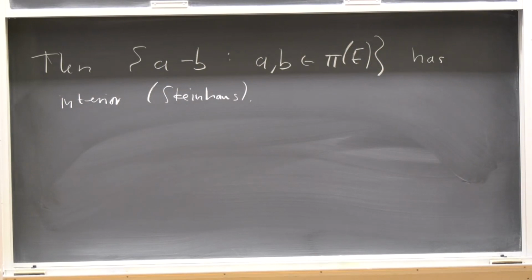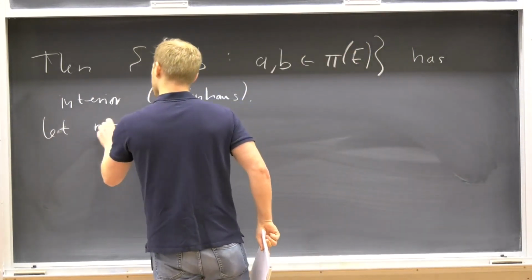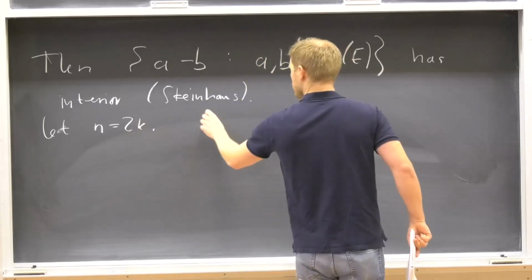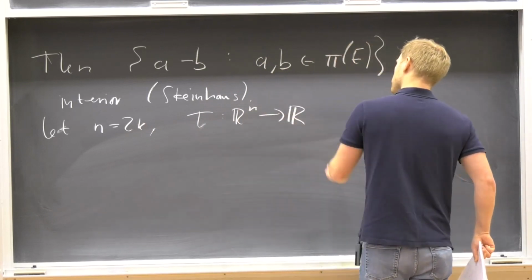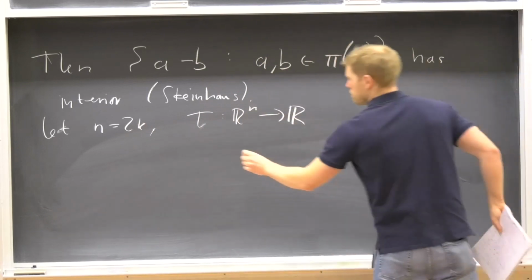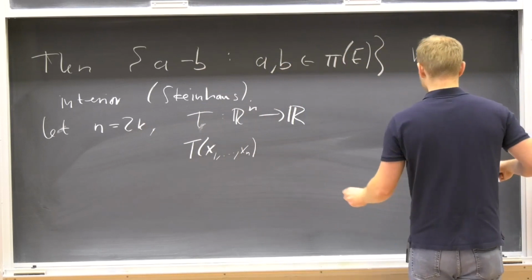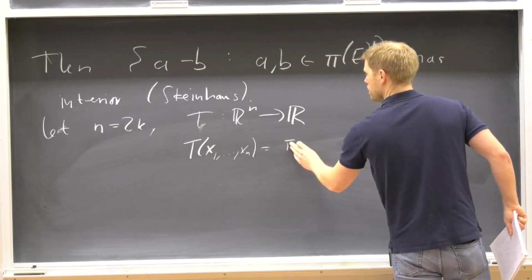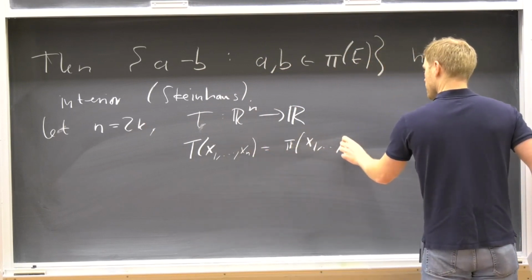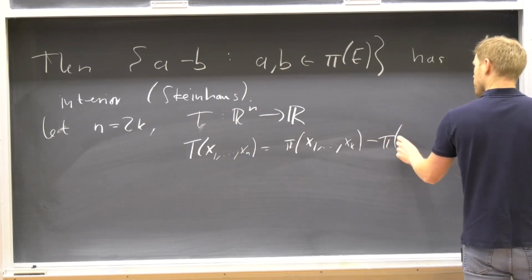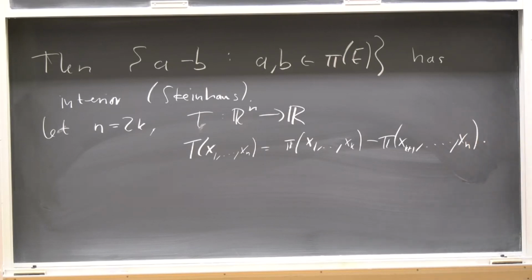And so now you put this together. Let n be 2 times k and T from R to the n to R be the composition. So T of x1 to xn would be really just a projection.